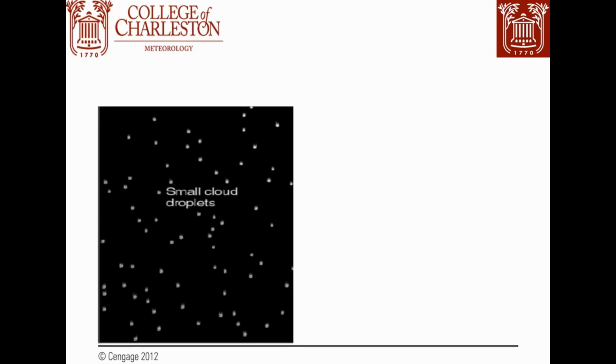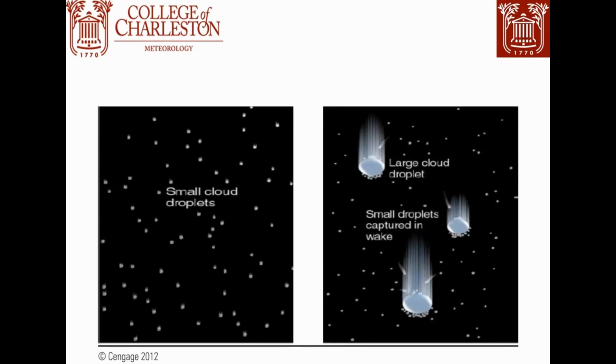Cloud droplets will be carried by air currents within the cloud. And if they bump into each other, that would be called a collision. Now, if they collide, then they will sometimes stick together. And if they stick together, this is what we call coalescence.